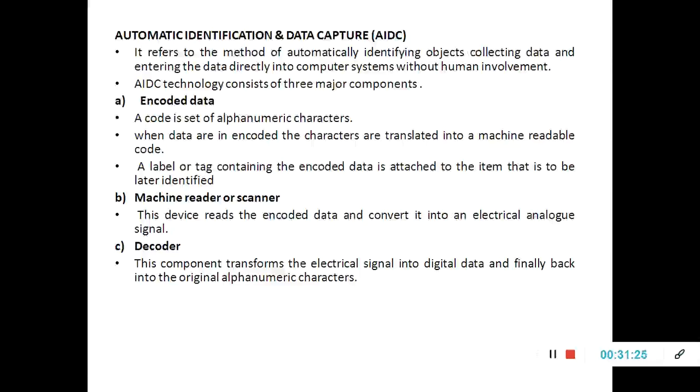With the help of the gun, he decodes the product which you have bought, and this machine reader or scanner directly reads the encoded data which is labeled on the product, and it is transferred in the required language into the computer. In this way, the products which are manufactured are also encoded, scanned, decoded and stored into a computer. It is known as automatic part identification and data capture. Thank you.